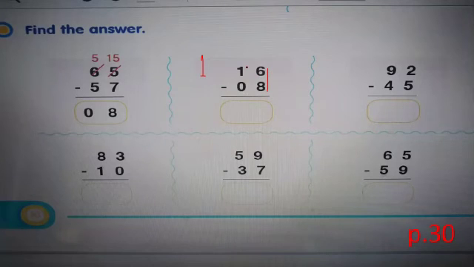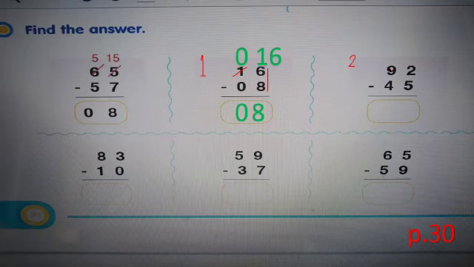So we have to write 0 in the tens, and give the 6 ones 1 ten. So it becomes 16. 16 minus 8 equals 8. And 0 minus 0 equals 0.